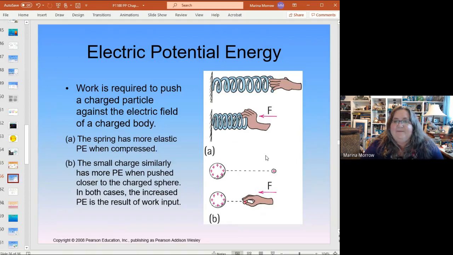And that energy can be positive or negative, because we were just talking about pulling charges away, but also you can push charges towards each other that don't want to be towards each other. So like a spring can be pulled out or pushed in. In this case, the positive charge here, by pushing it in, then when you release it, it's going to go to kinetic energy. So you're giving it potential energy by pushing it, forcing it closer to the sphere.